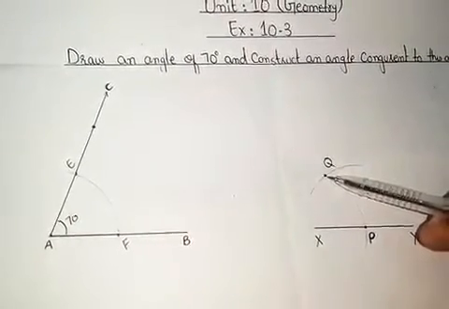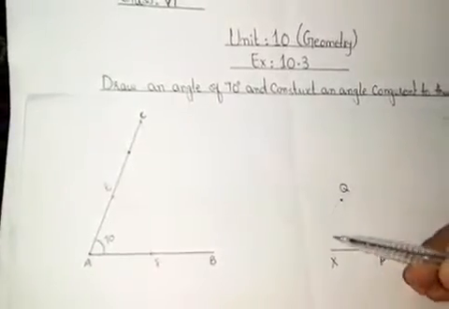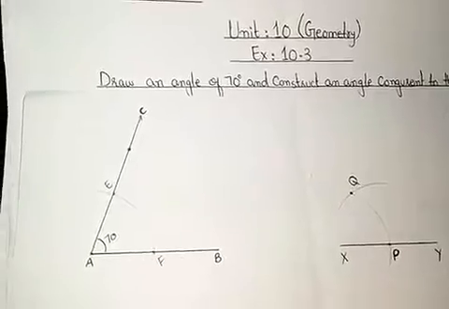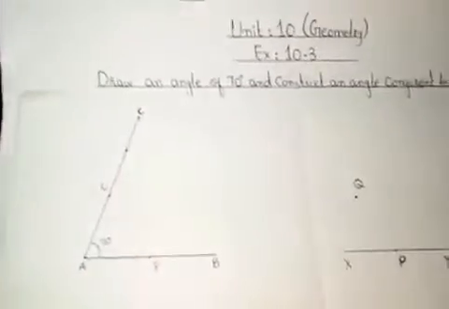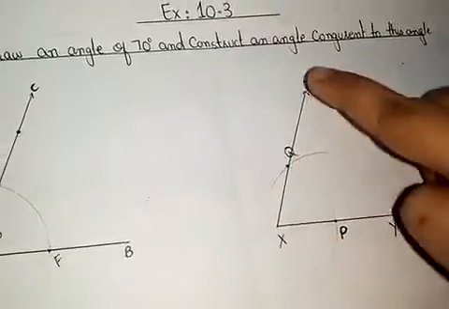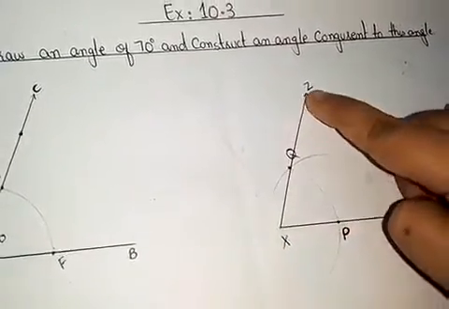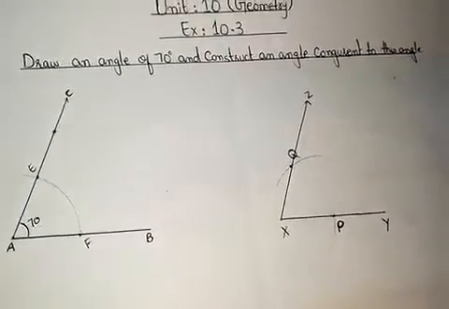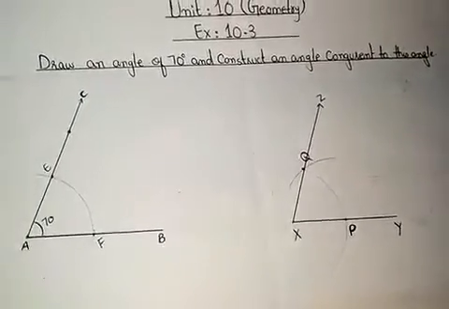Now the last step is I have to draw a line which joins Q and X. I have joined X and Q to make a line, and I have given this line the name Z. Now my congruent angle is finished.